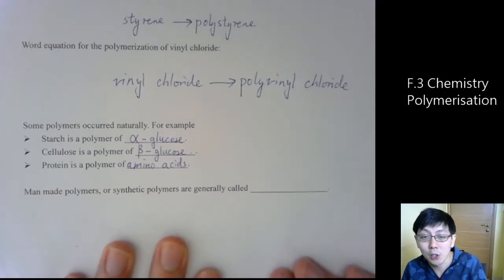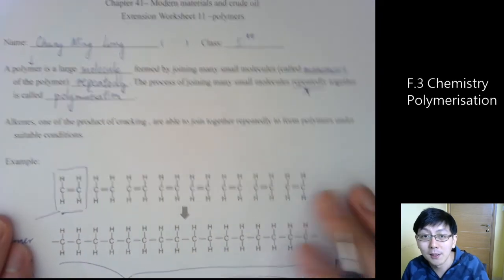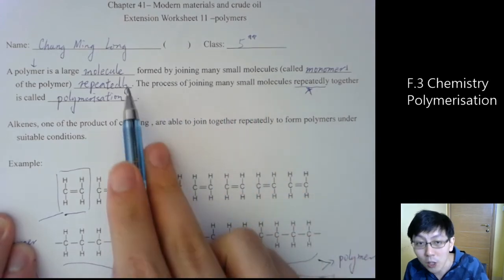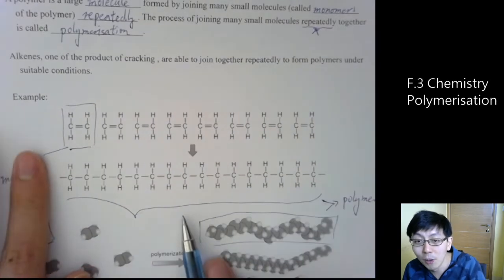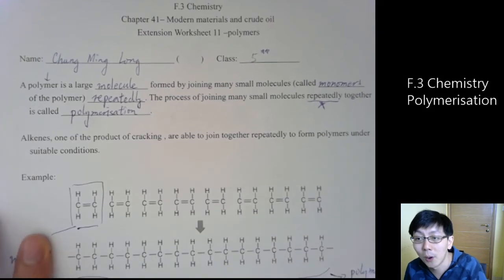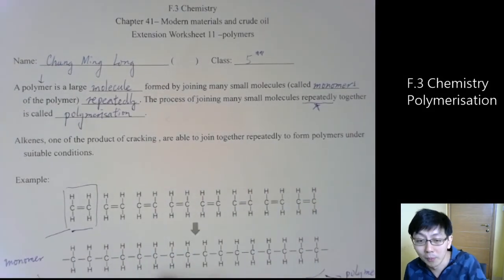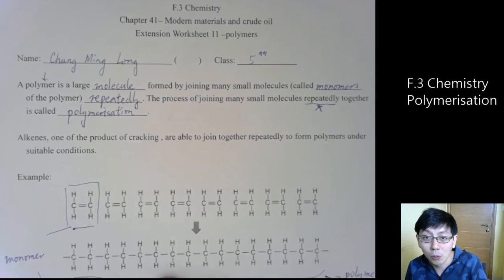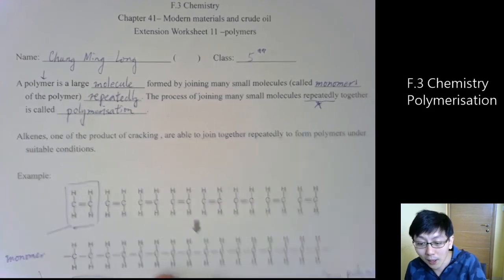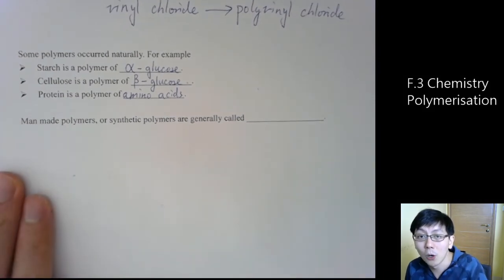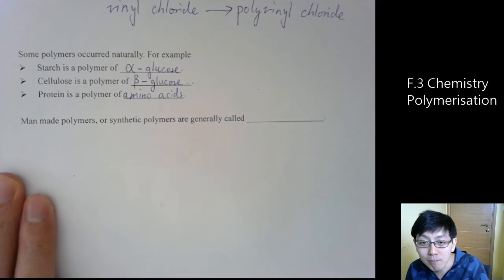Now, in this worksheet, I have introduced what polymers are. In the first short summary, polymers are molecules formed by joining many small molecules repeatedly. Many small molecules joined into a large one are called a polymer. The joining process is called polymerisation. Some polymers occur naturally, but some polymers are only made by humans.